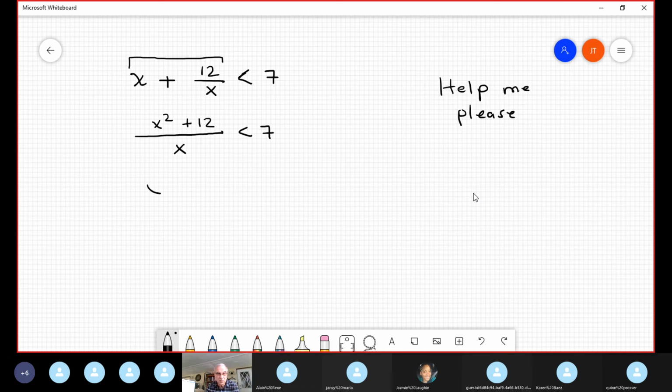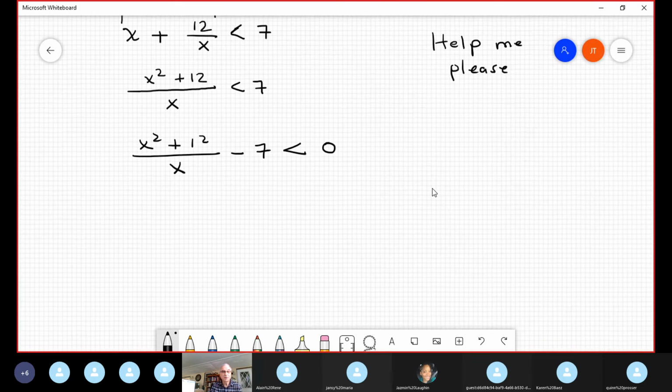And finally, the most important moment, look. Move 7 to the left. Yeah, I have that. But leave it like that, no. Of course, no, because to start the critical value and the partition, everything, now you need to express it in only one compact piece, not two pieces.